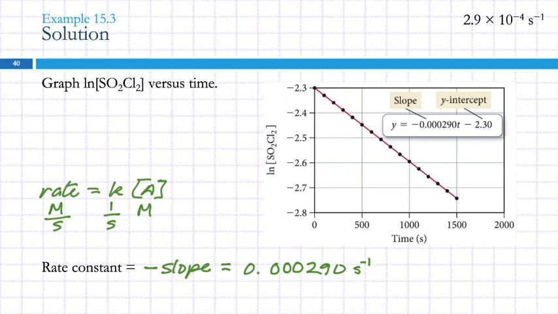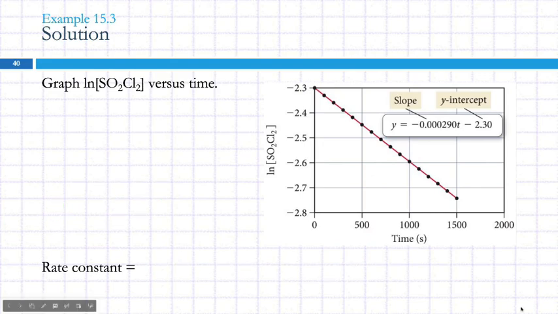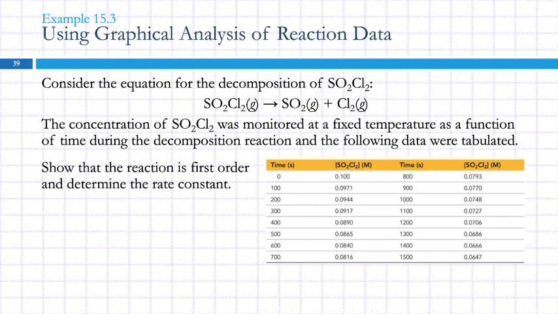Yes? So what are we putting into Excel? That's a great question. So let's look at that. What we would do in Excel, and this is where Excel is wonderful because you don't have to do all of these calculations by hand, is this: we have the time. We want the natural log of this.